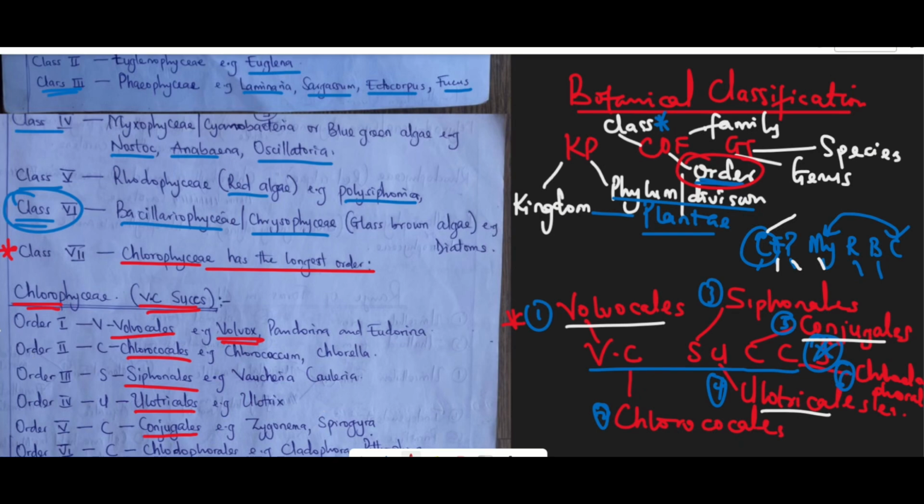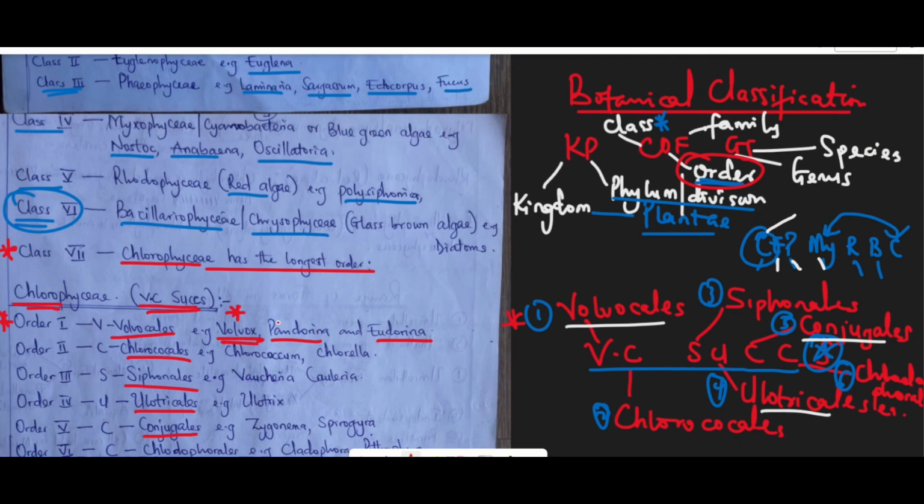Okay, so let me teach you quickly how to easily remember these examples. If I pick the first order under the class Chlorophyceae, I have Volvocales. Nobody needs to tell me that, because the word sounds like Volvox, and Volvox is part of the examples. So the only problem you'll have is to remember Pandorina and Eudorina.